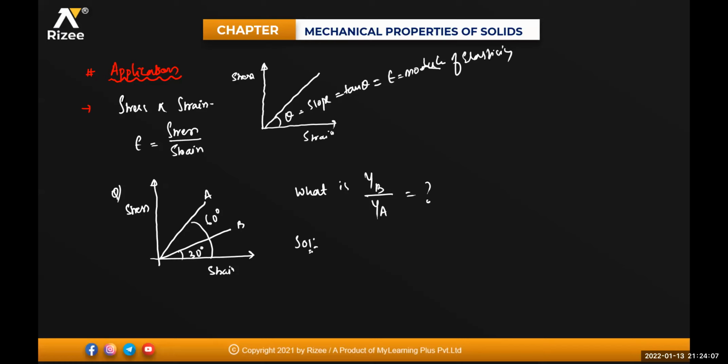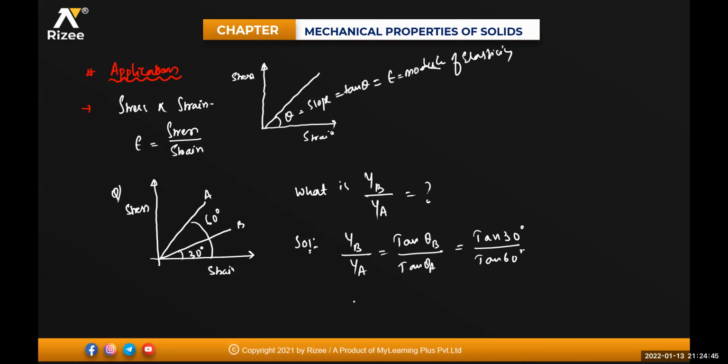E is nothing but Young's modulus. That means YB divided by YA will be equal to tan theta B divided by tan theta A, that is stress by strain. For B the angle is 30 degrees, so this will be tan 30 divided by tan 60.